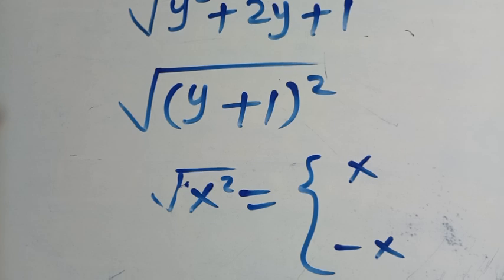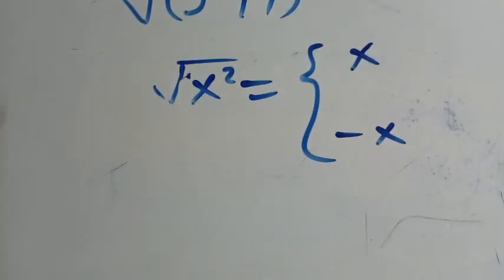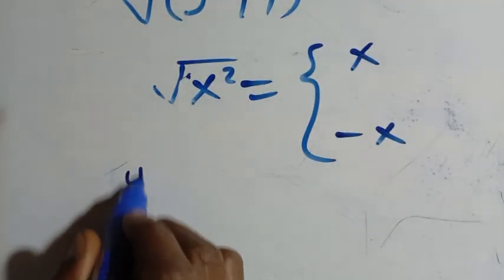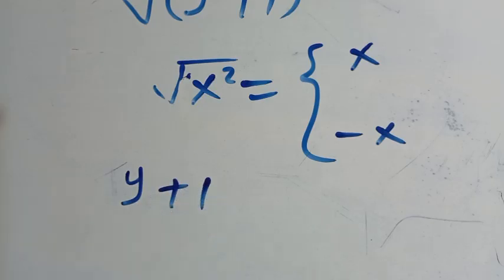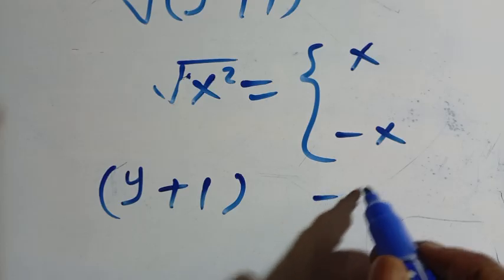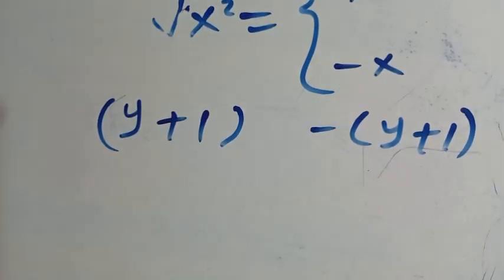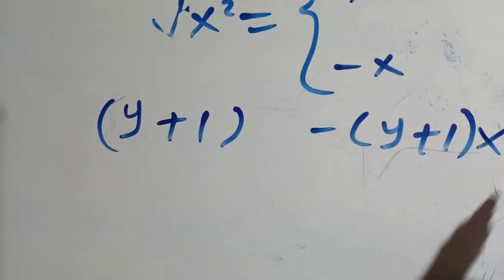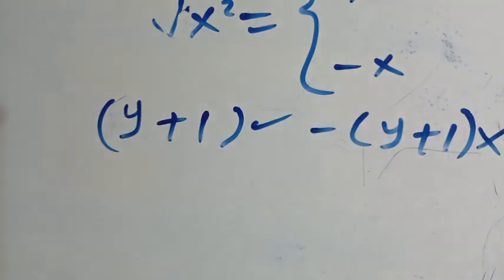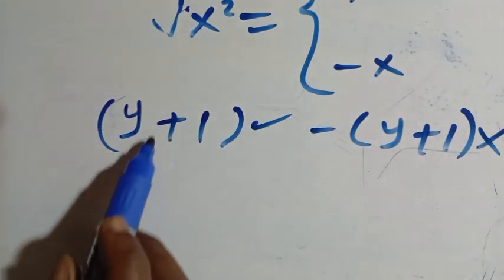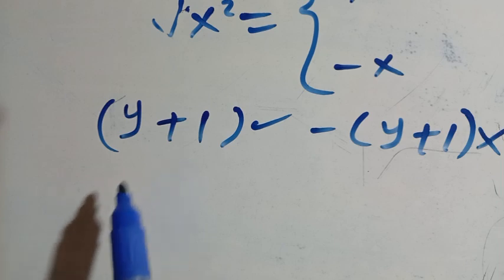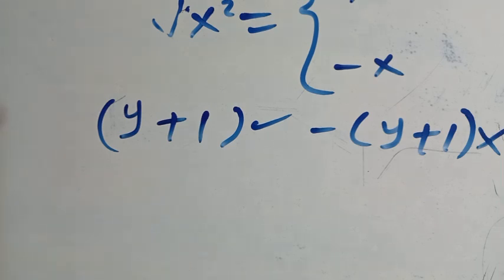So from this above, we can have y plus 1, and we can still have it as minus open bracket y plus 1. But the y we are considering here is positive. If y is positive, therefore we reject this and we go for this. So we have the value of y already, which is what we are going to replace.